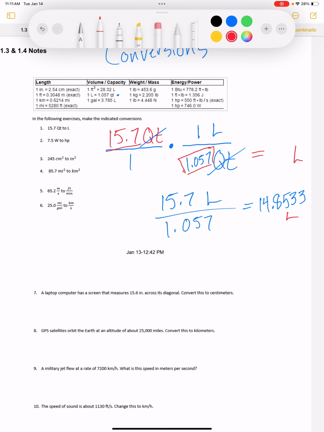I'm going to round it to 4 significant digits. So I'm going to say right here, that would be 14.83 liters. All right, 14.83 liters.